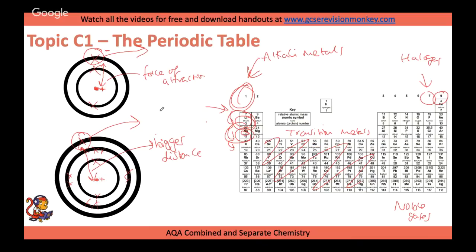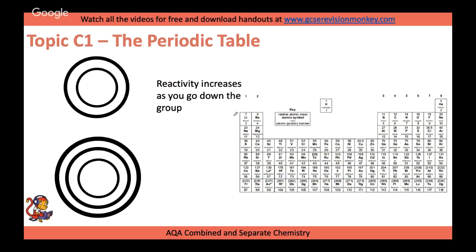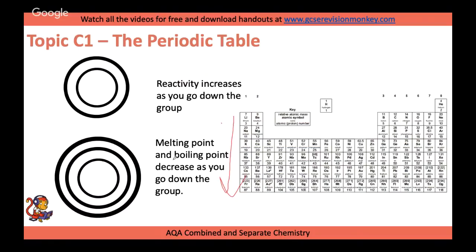So the force of attraction is actually weaker on a larger atom. So weaker force of attraction. So what that means in terms of group 1 is if the atom gets bigger, the outer electron is further away and there's a weaker force of attraction, and this means that reactivity increases as you go down the group, and melting and boiling points actually decrease. Okay, so it's the opposite for melting and boiling points.